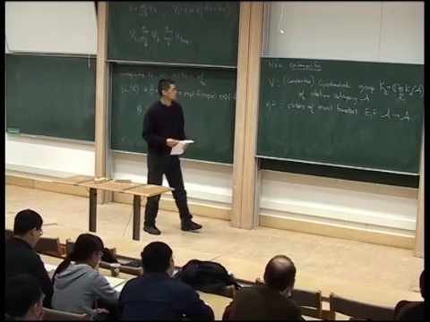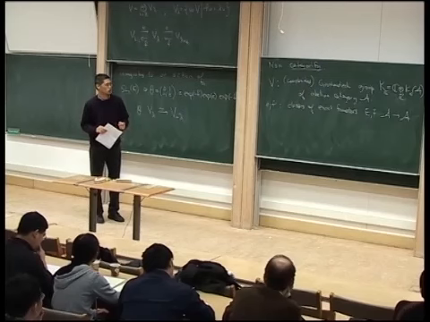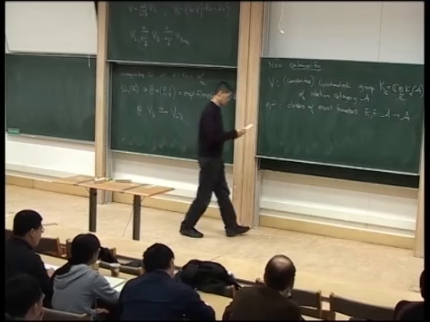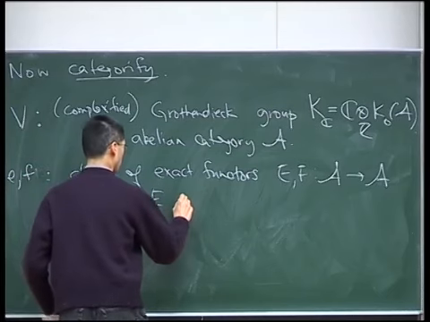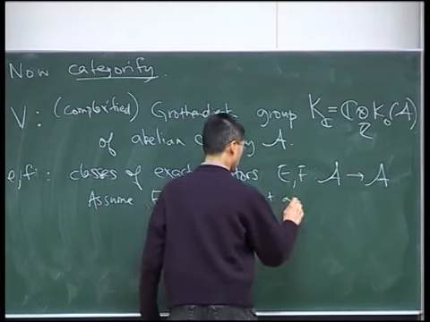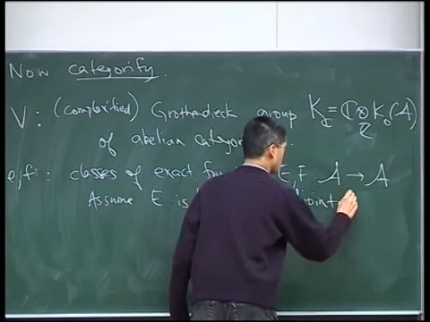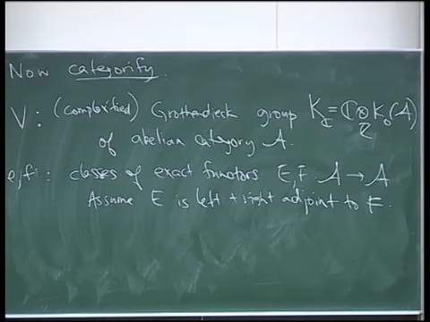Okay, and it's also reasonable to assume that there are some adjunctions between these two functors. Okay, so let's assume that E is both left and right adjoint to F. Why is this reasonable?